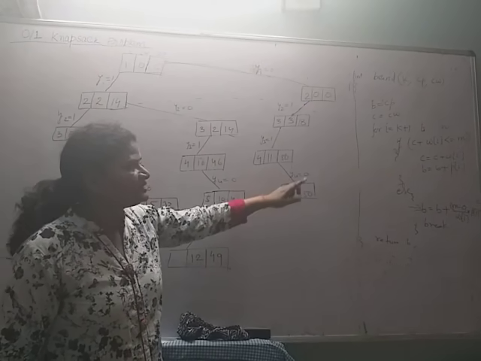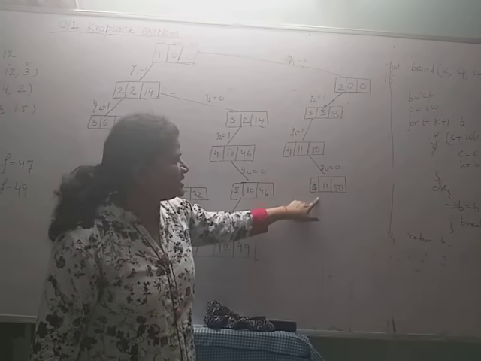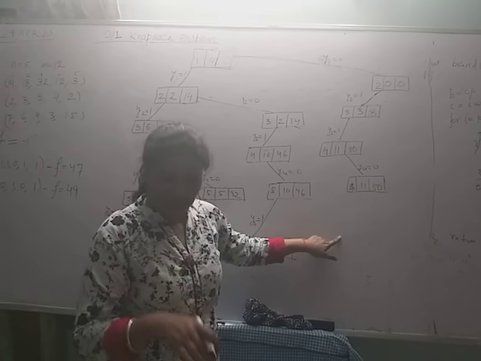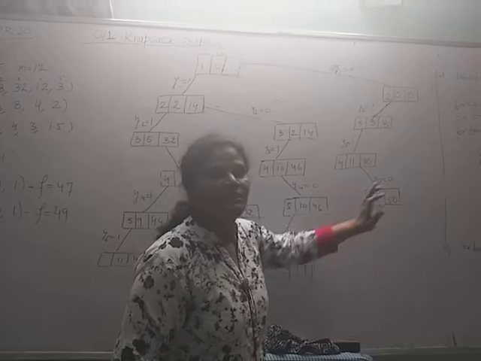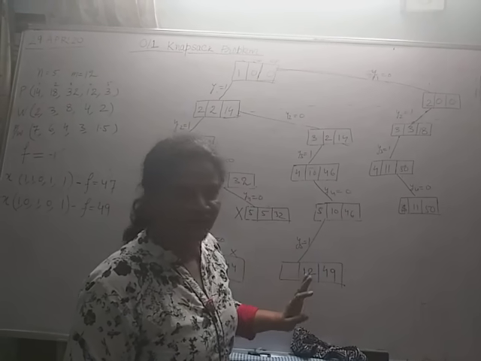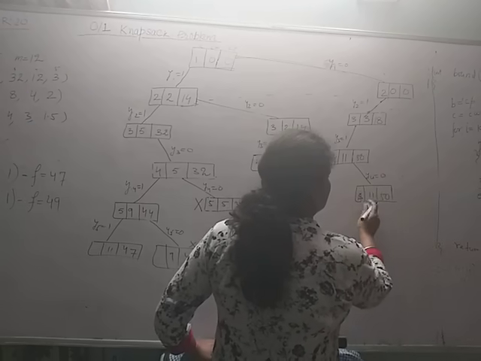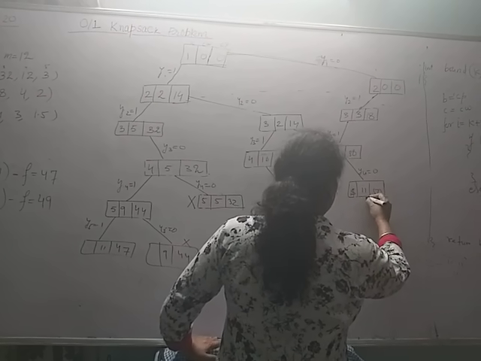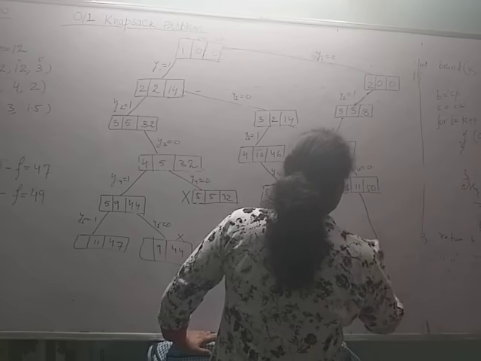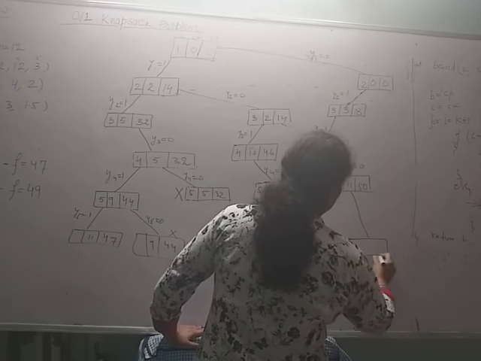If we consider this, it is not feasible, so if we move downward, the profit generated is 50. Which is greater than this, so the 5 cannot be added, and we simply move here.